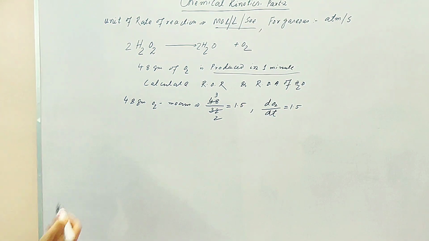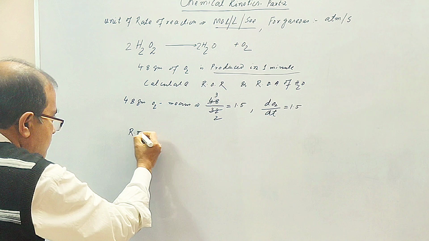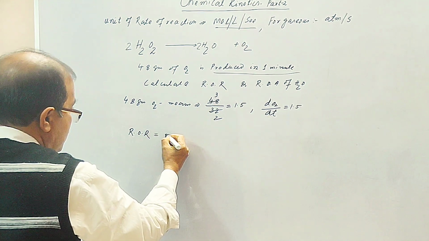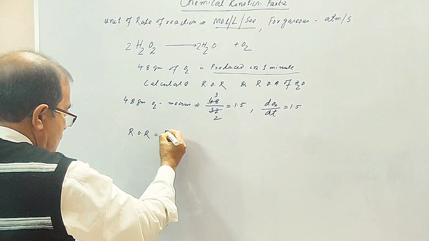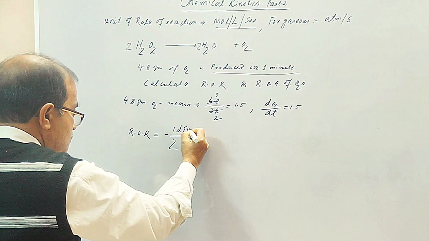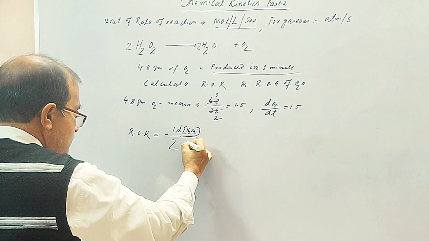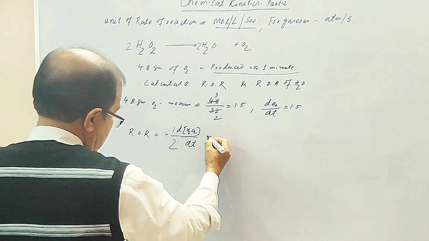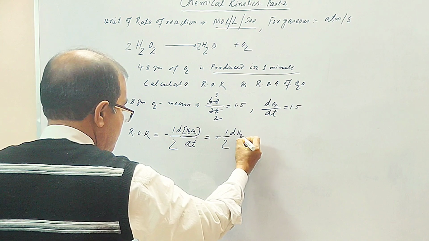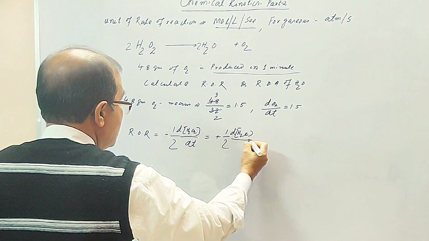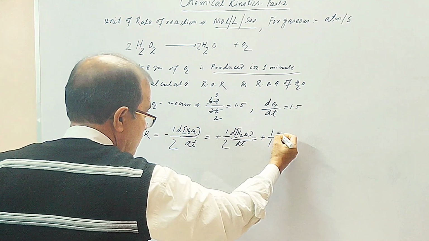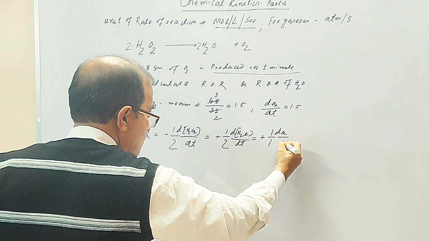Now we have to write the rate of reaction from the above equation, ROR. You get minus half d of H2O2 by dt is equal to half d H2O by dt plus 1 by 1 d O2 by dt.